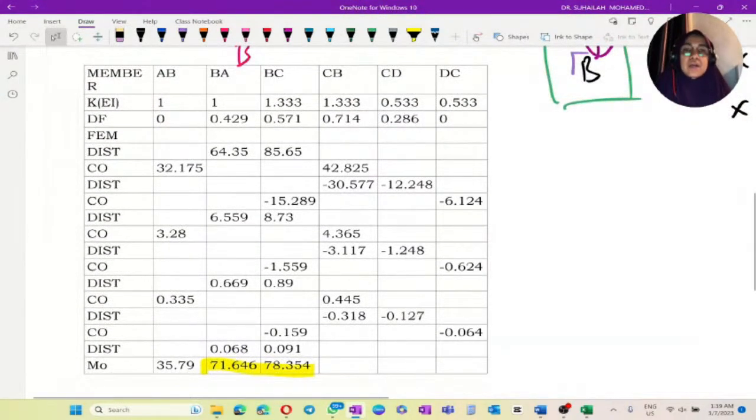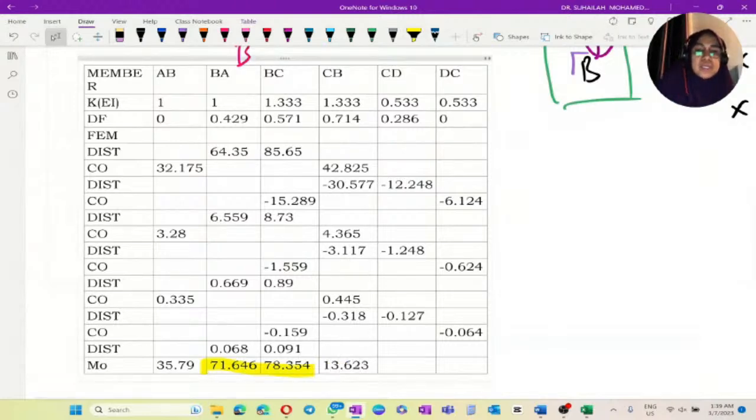So 42.825 minus 30.577 plus 4.365 minus 3.117 plus 0.445 minus 0.318. So we get this as 13.623. And next is negative 12.248, negative 1.248, negative 0.127.